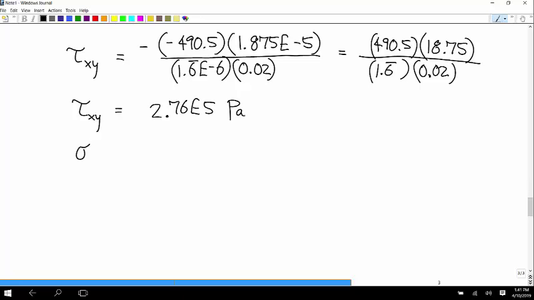And so the stress tensor due to the shear force is 0, 2.76 times 10 to the fifth, 0, 2.76 times 10 to the fifth, zeros everywhere else.